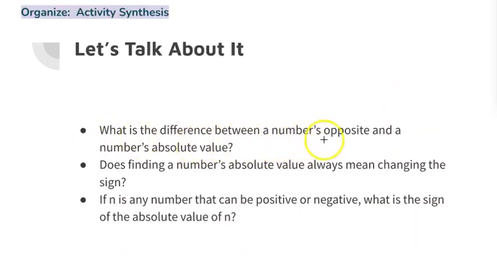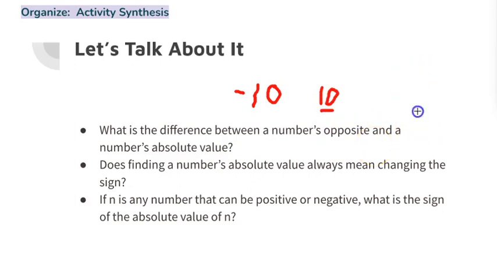All right, so what is the difference between a number's opposite and a number's absolute value? For some things like, let's say, -10, its opposite would be 10, right? Its absolute value actually is also going to be 10, right? Because that would be the distance from 0. Does the opposite always show the same as the absolute value?